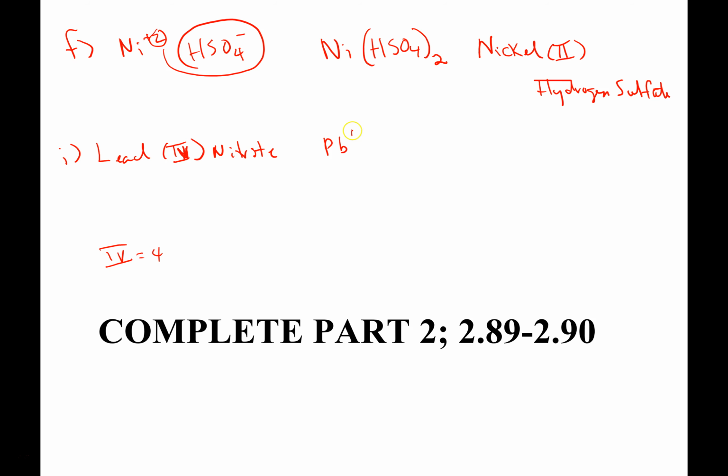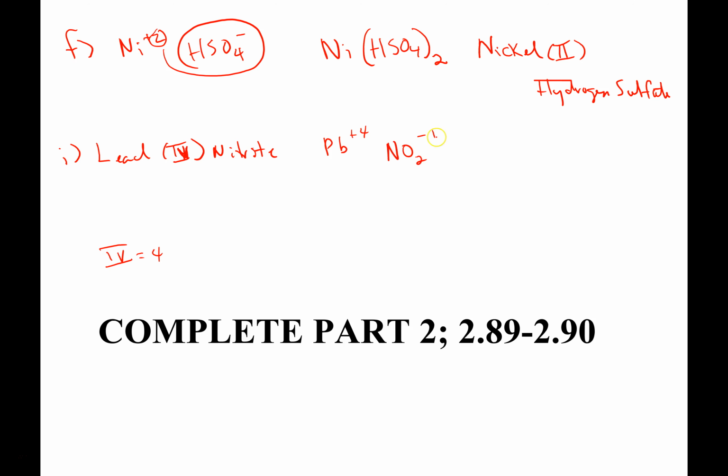So it'd be Pb plus 4, and then what about the nitrite? Nitrite. Mm-hmm. Nitrite, that would be NO2 minus 1.